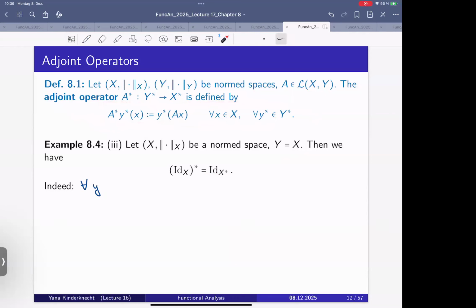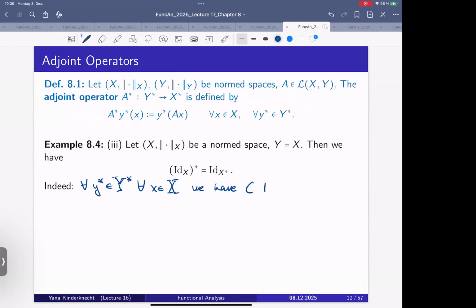So for any Y star in big Y star, and for any X in X, as we have here, we have the following. So I try to write down this left-hand side.